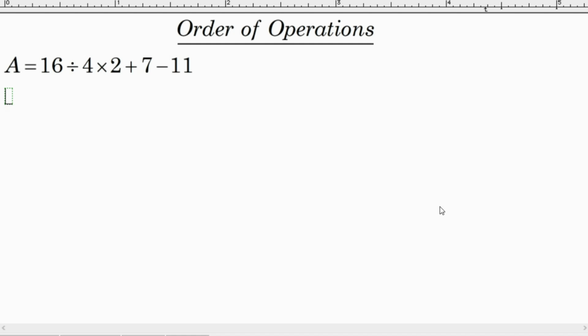Now let's start solving question A. I want you to understand how we can solve an order of operations question. The first thing we have to solve can be the division sign or the multiplication sign.